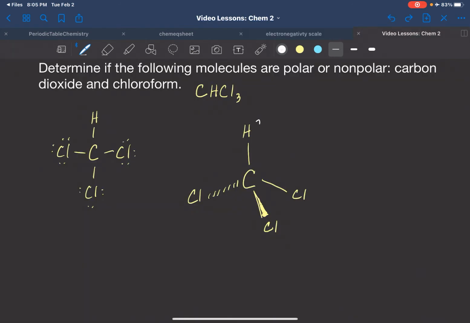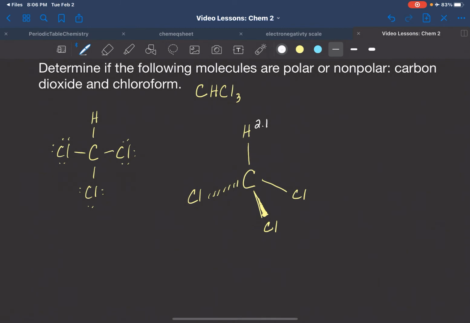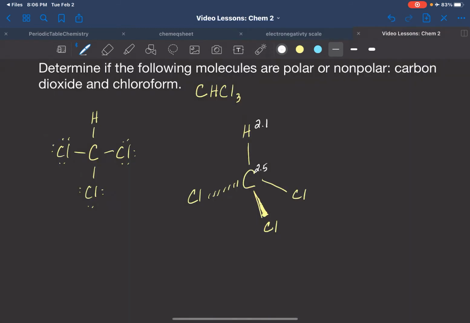So I'm going to go ahead and put a 2.1 here. Carbon we saw was 2.5. I'm going to go ahead and just put 2.5 here. I could put it on the other side. That'd be perfectly fine. And then the chlorine, we can see chlorine is 3.0. So I'm going to put 3.0 here, 3.0 here, and I'm going to put 3.0 here.